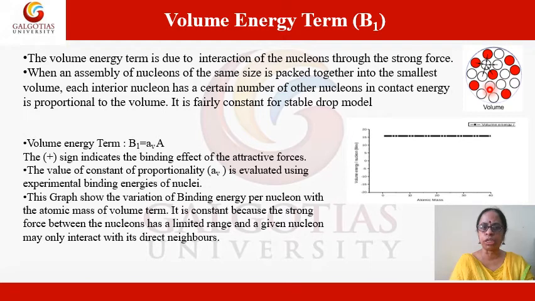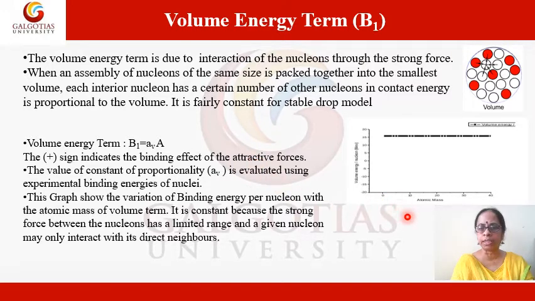Energy is proportional to volume and is found fairly constant for stable drop nuclei. Now volume energy term B1 is proportional to A. Now we can take the proportionality constant as AV, which can be evaluated using experimental binding energies of nuclei. The plus sign indicates the binding effect of the attractive forces.